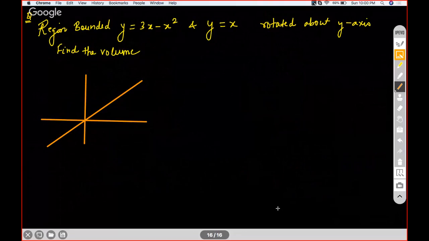The 3x minus x square is a downward-opening parabola like this, cutting at 0 and 3. So now this area that you see over here is rotated about the y axis.